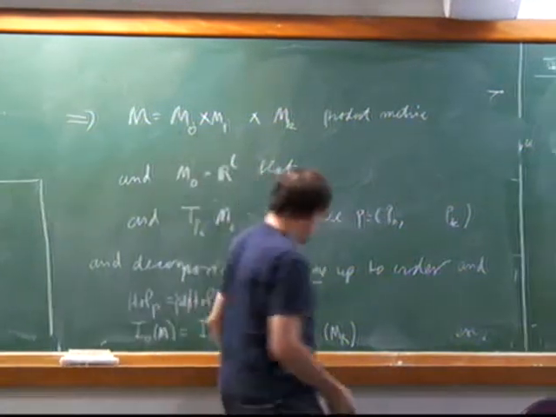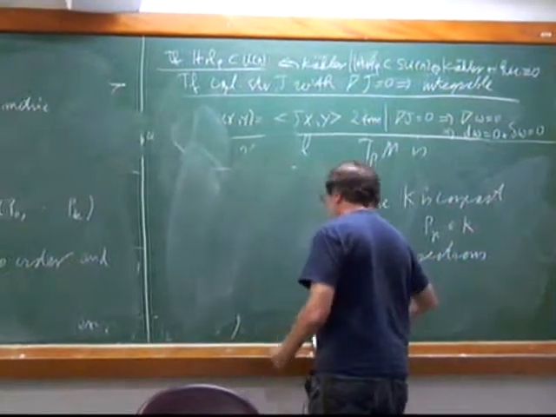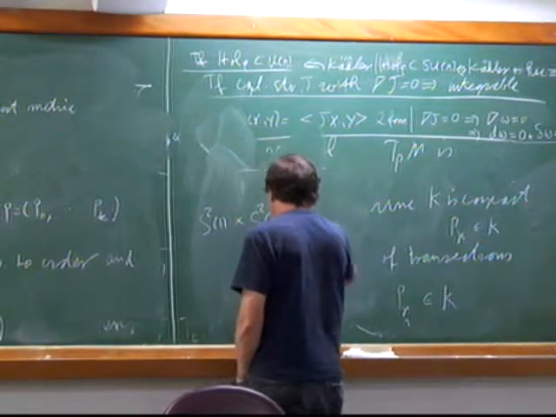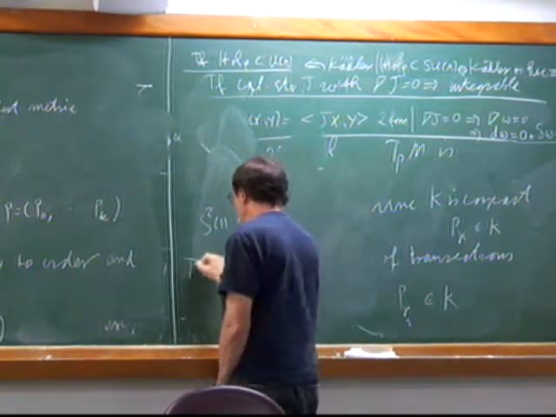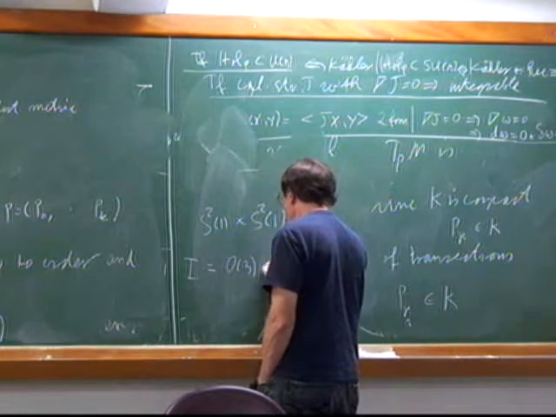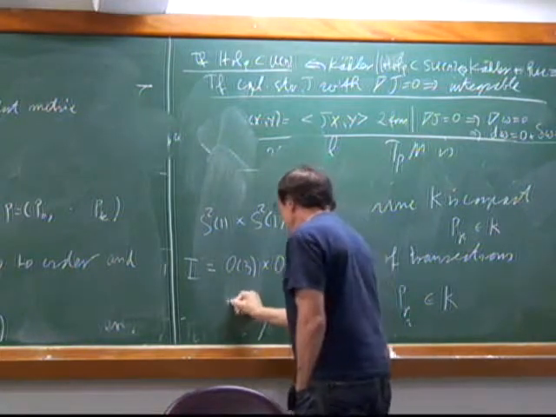So, for example, for S2 cross S2, what's the asymmetry group? Well, it's O3 for each 2-sphere plus the switching.